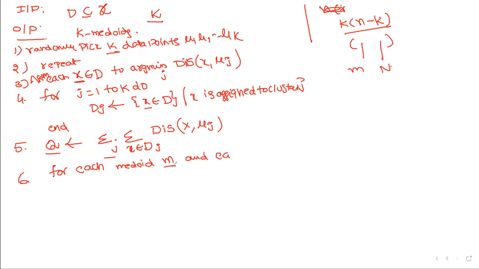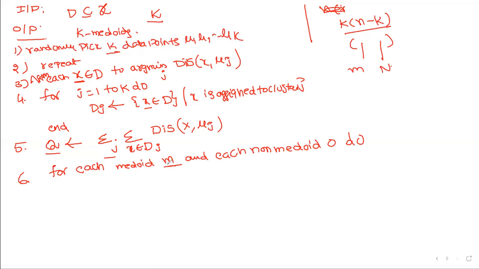So for each medoid M and for each non-medoid O, I will consider them pairwise. One is a medoid, another one is not a medoid. The main thing of this PAM algorithm is to perform a swapping operation. That means the medoids are swapped with non-medoids. This is the only point: medoids are swapped with non-medoids to improve the quality.